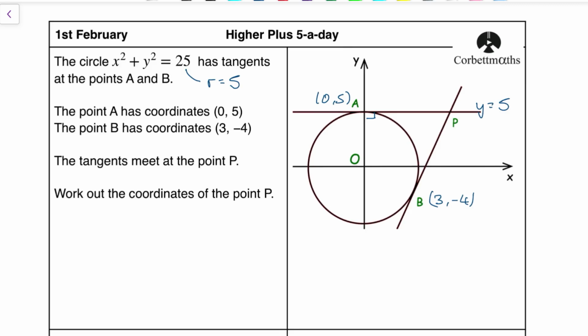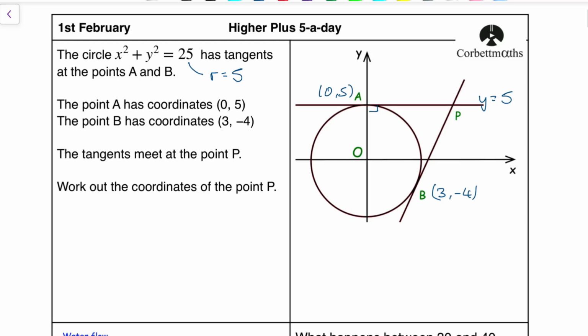So let's do that. The way to calculate all these questions is I need to work out the gradient of the radius from O to B. I'm going down 4, I'm going across 3, so that's going to give me minus 4 over 3, which implies the gradient of the tangent is the negative reciprocal of that, which is 3 over 4. Good so far.